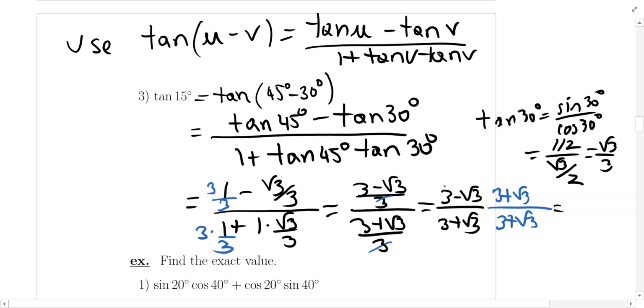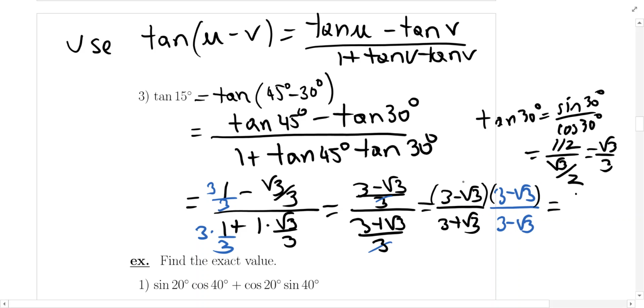And this is going to give me 9 minus 3 over, I'm sorry, the conjugate of the bottom is 3 minus root 3. So the conjugate of the bottom is 3 minus root 3.